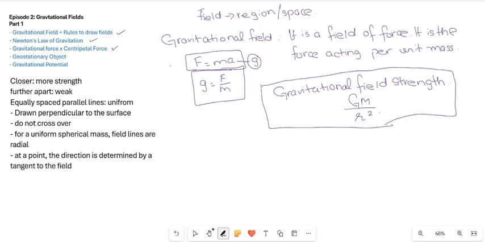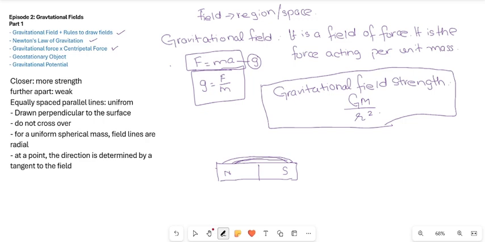Let's go with the same magnet example that we took earlier. When we have a magnet like this and we have to draw the field lines, if they are very close together, that means they're very strong.